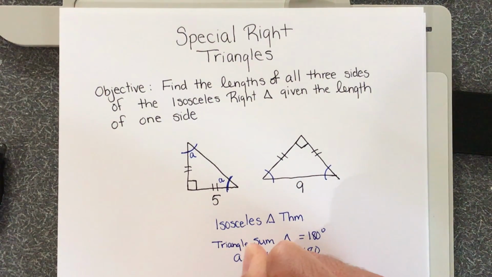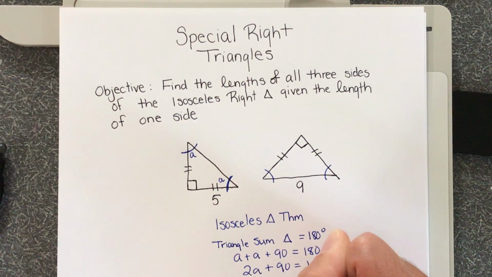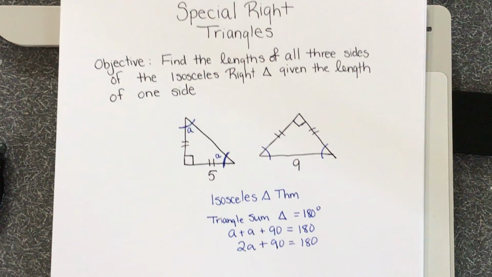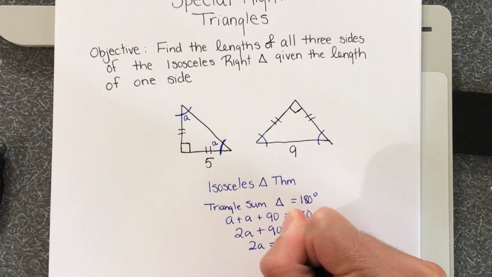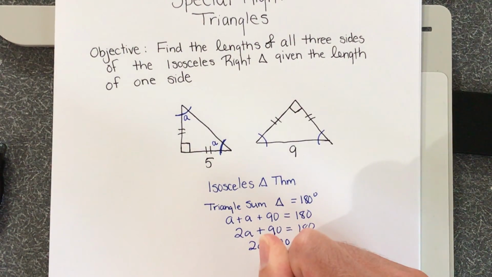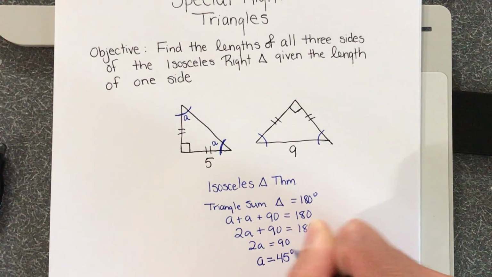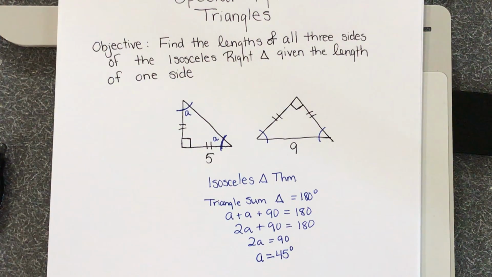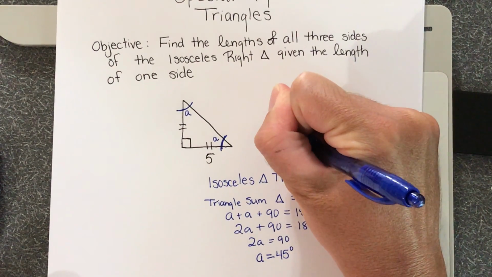A and A is 2A. 2A plus 90 equals 180. Minus the 90 from the 180, so 2A equals 90. Half of 90 is 45. So an isosceles right triangle is always going to have angle measures of 45 degrees.